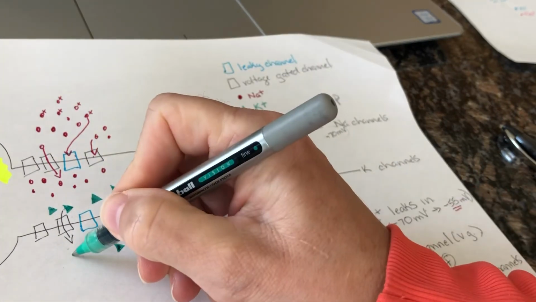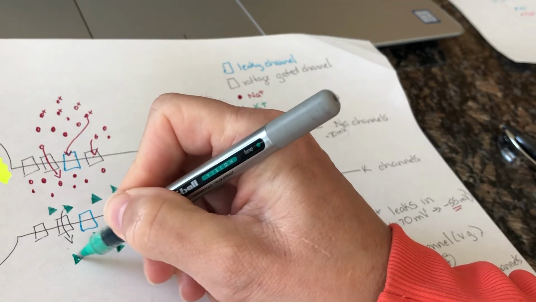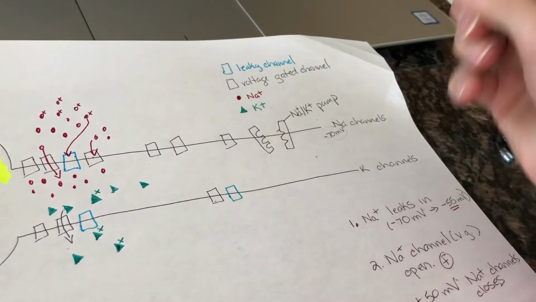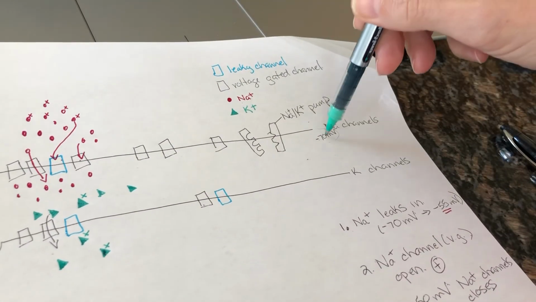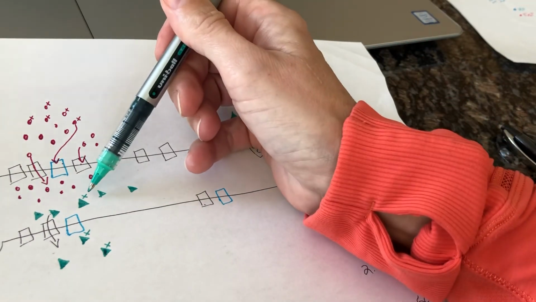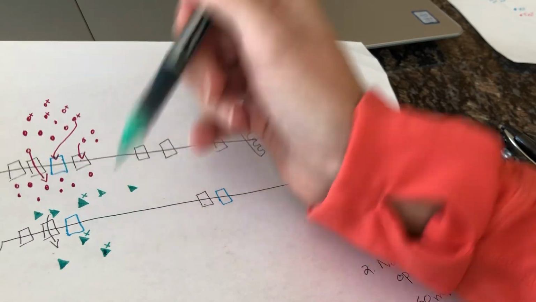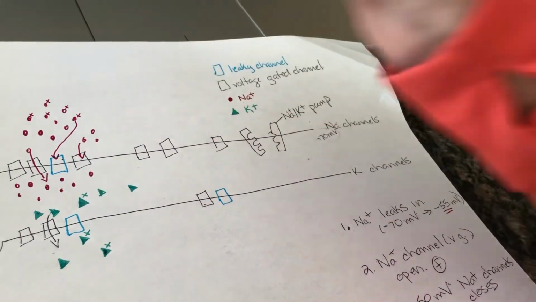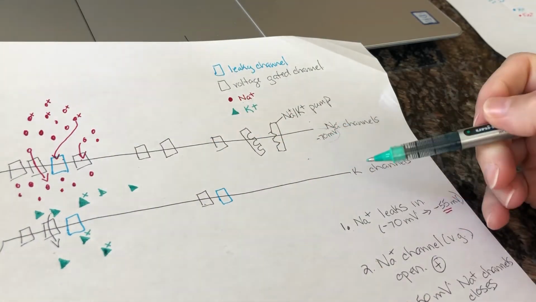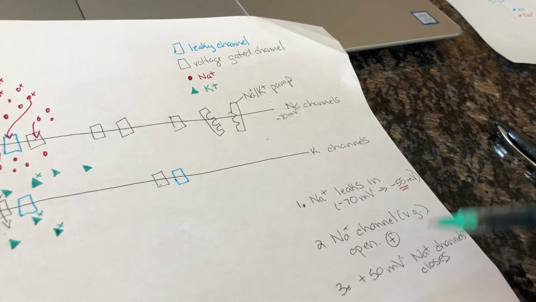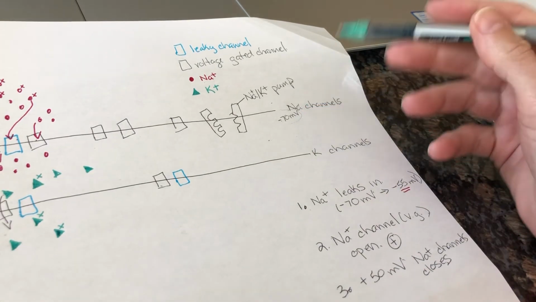The voltage-gated channels allow potassium to leave. Now, what charge is potassium carrying with it? Potassium is also positive. So we've gone from minus 70 to positive 50, and as soon as we allow these to exit, we're not allowing any more positives to come in, and we're allowing positives to exit. You can foresee that the positive 50 is going to get more and more negative, and that's the goal, because we want to restore minus 70.